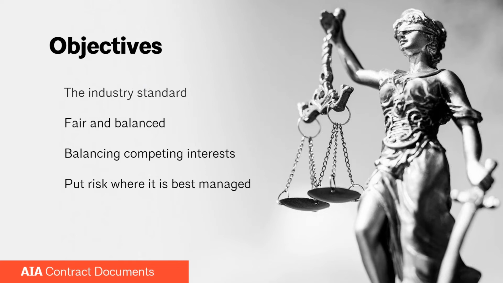If we favor our architects, nobody would use them. We have to balance the competing interests of various parties who sign these agreements, and we need to put risk where it's best managed. And that really is, you have to consider which party can best afford it. And we've been successful over the years in doing that. Next slide.